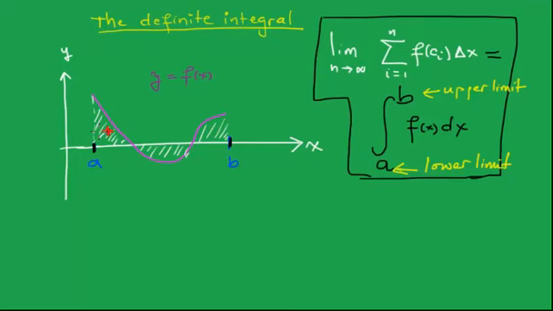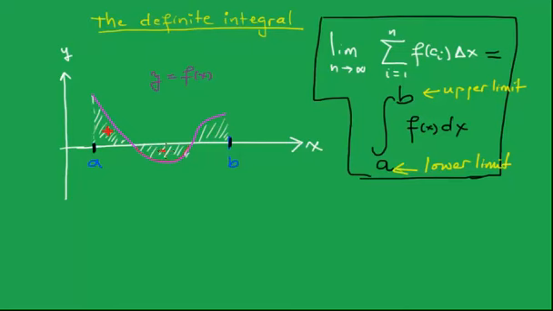And if you remember, when we were talking about the Riemann sum, f of ci, because the graph is above the x-axis, would be positive. So we compute this area and we multiply by a positive sign. For the next one, here we have that the curve is below the x-axis.